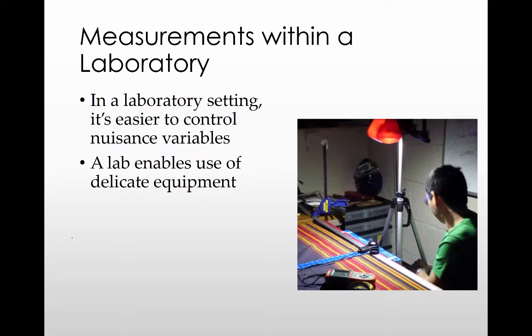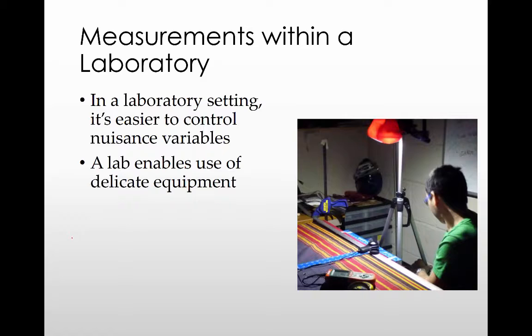Now, in many cases, what we call a laboratory test is literally run inside of a laboratory, and the reason is that we can control nuisance variables. As an example, this photograph on this slide is a picture of a solar lantern being tested for brightness indoors.